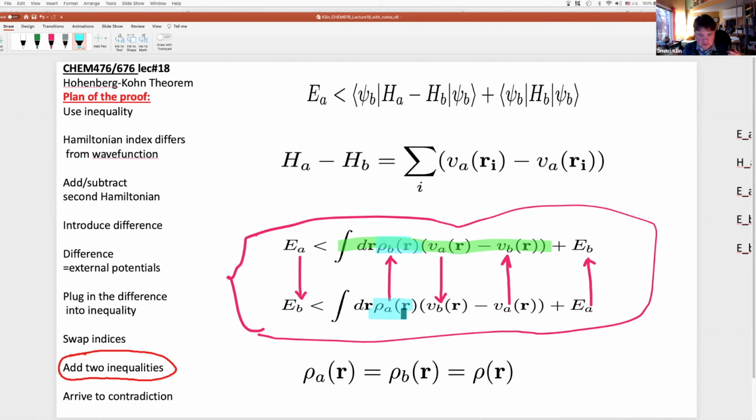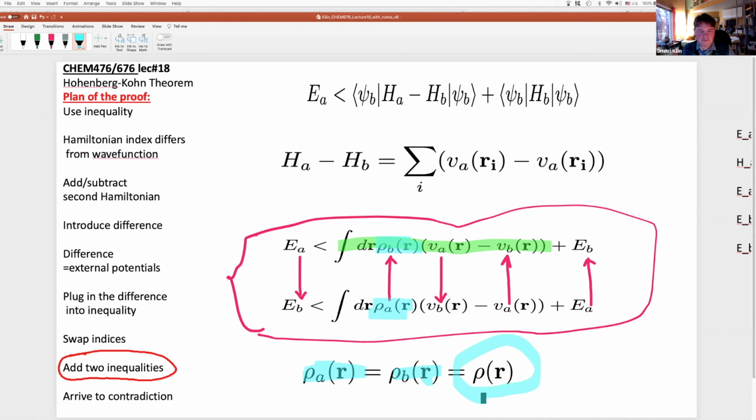But by the original conditions of the theorem, there is only one density, and we were not trying to violate it. Therefore, we are replacing this rho A and rho B by simple rho without any indices. It is the one density from which we started the theorem.